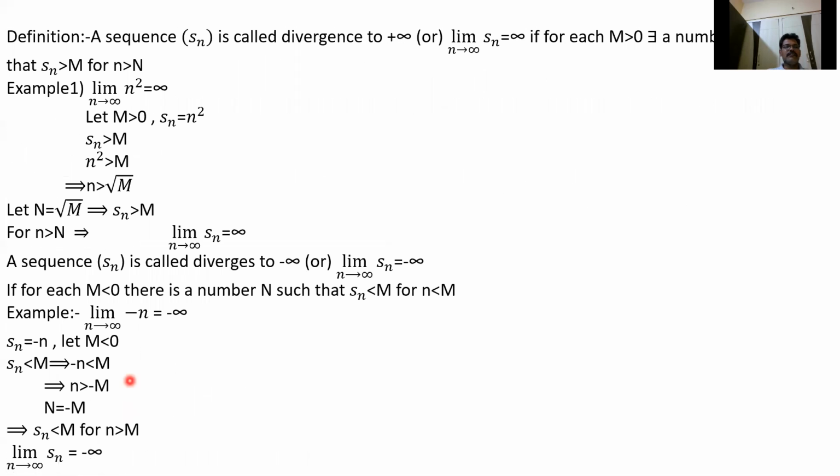When you say a sequence Sn diverges to plus infinity, the limit of Sn equals infinity.